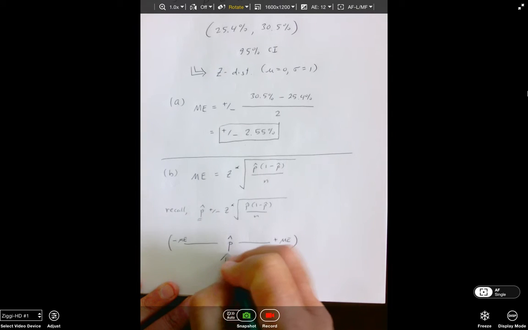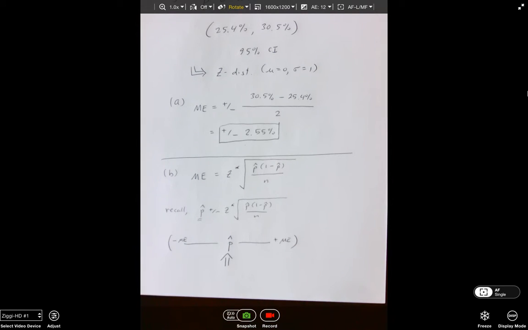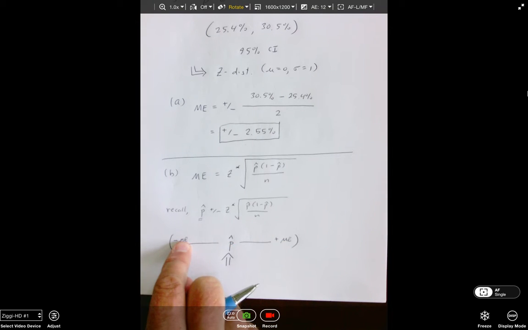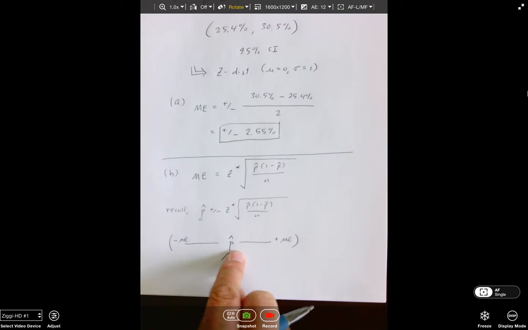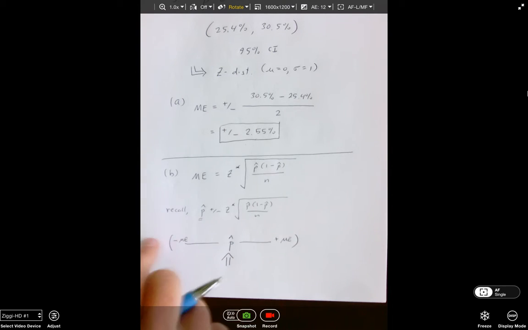Guys, what resides smack dab in the center of our interval? The value that we got from our sample. We build this margin of error around it because we understand there's nothing holy about this sample. It's one of infinitely many, so we want to allow room for error, margin of error.